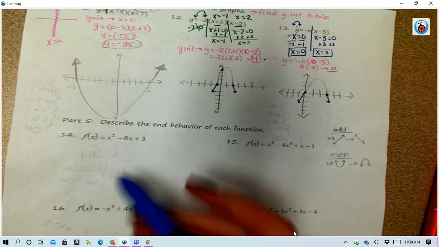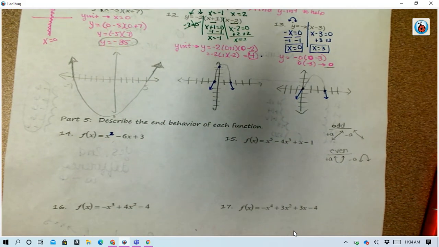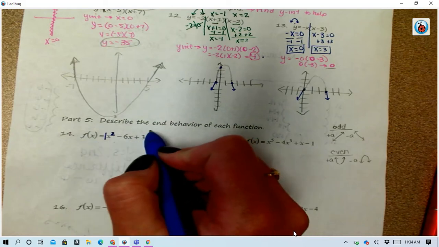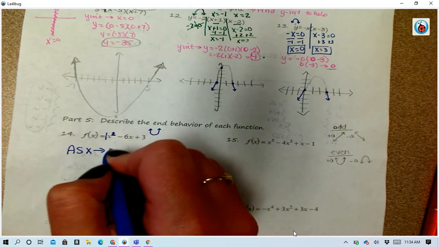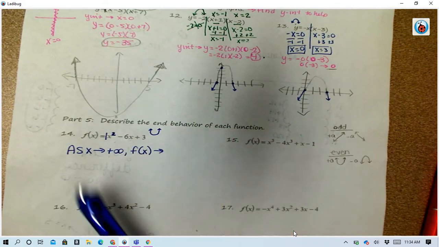Number 14, this is a squared, so it's a quadratic. How do you know which way it's going to point? This first number is positive, so it's going to be up like a cup. So on the left-hand side, as x goes to negative infinity, how does f of x go?